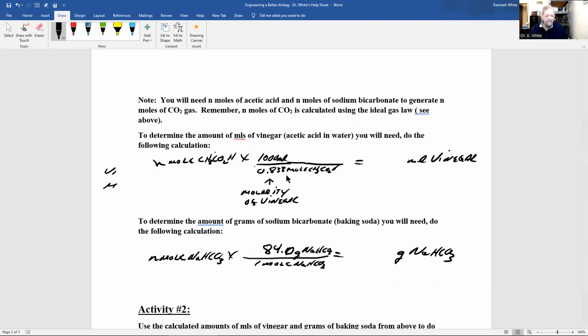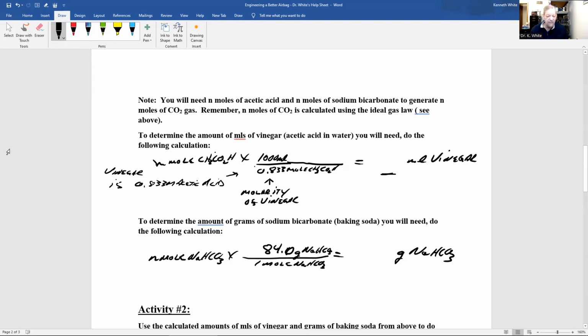The vinegar is 0.833 molar acetic acid. And that's where this comes from. And we did that in solutions. And that will give you, when you do the calculation, the milliliters of vinegar you need.